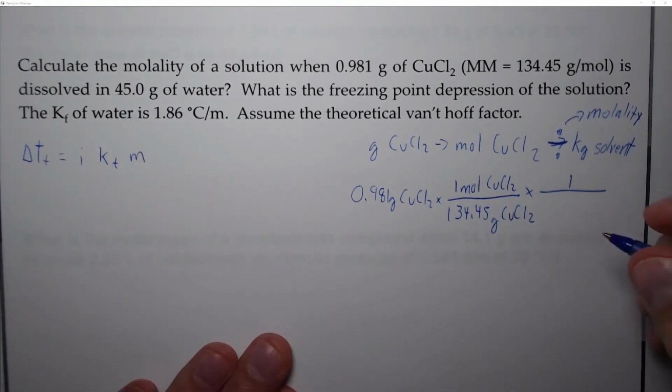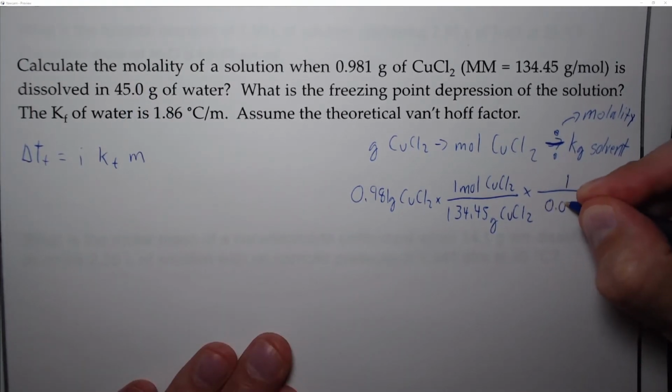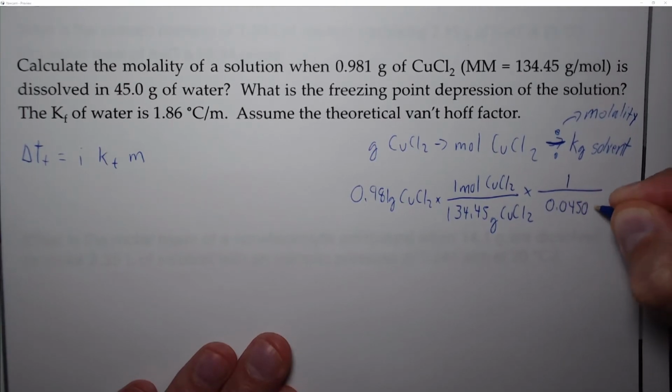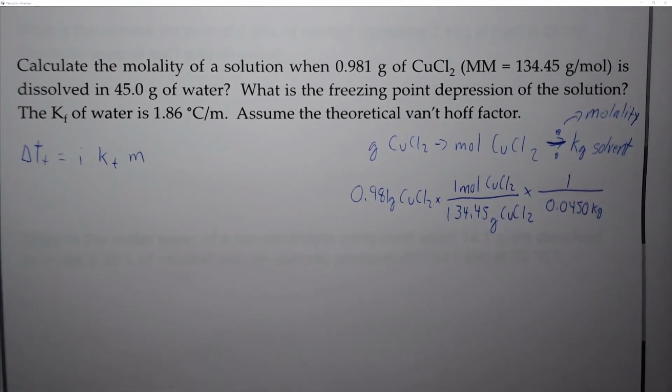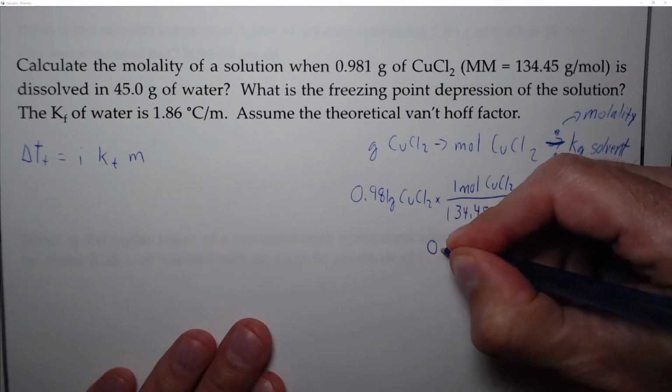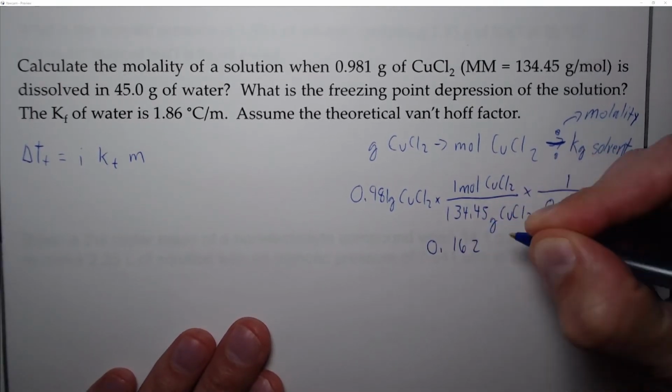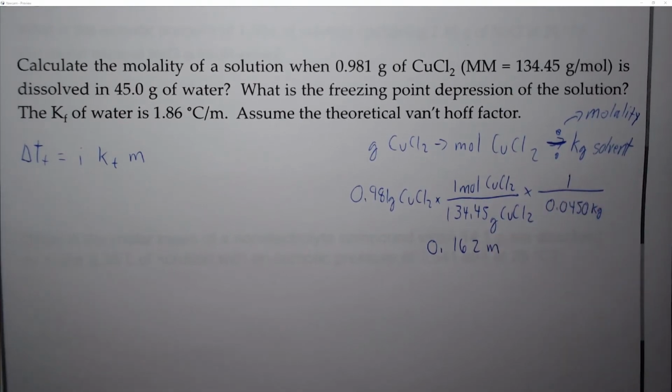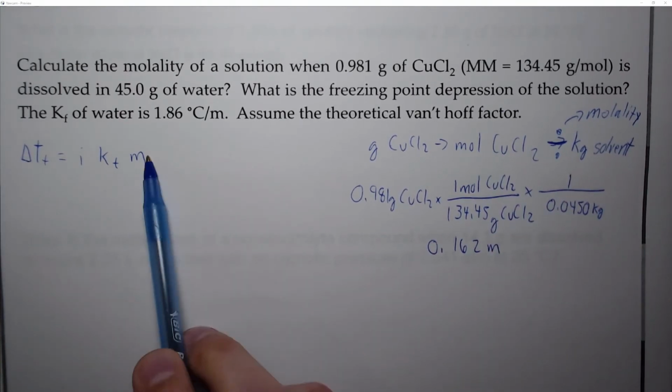Said another way, we need to divide by 1,000, which is 0.0450 kilograms of water. When we do this math, we find that this is 0.162 molal. So this gives us molality.